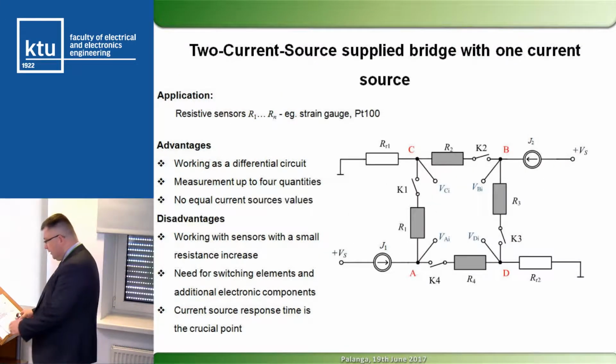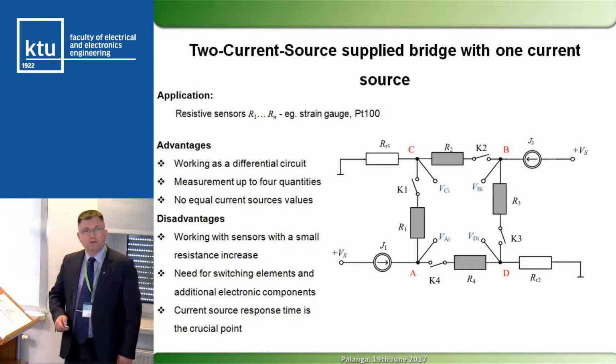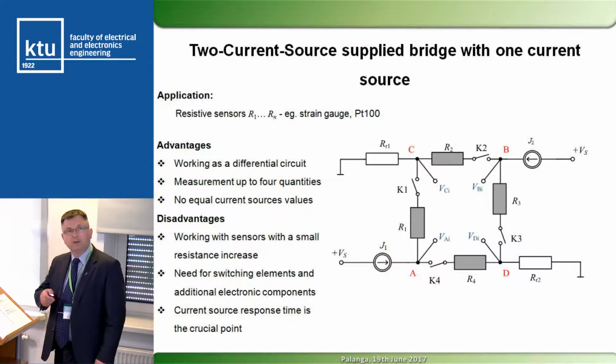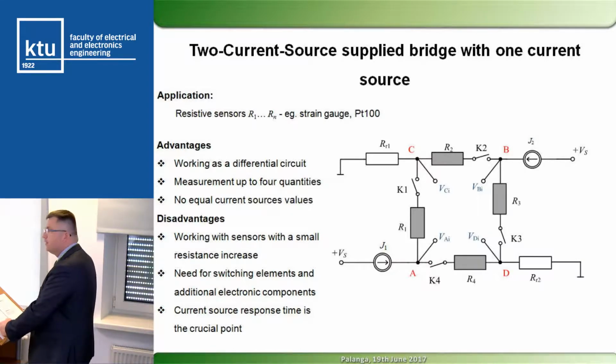The next version of our double current source bridge is a bridge with some keys built in the system. In this system, the current source properties are important if we take into consideration dynamic processes, such as switching on and off the current source to the bridge.